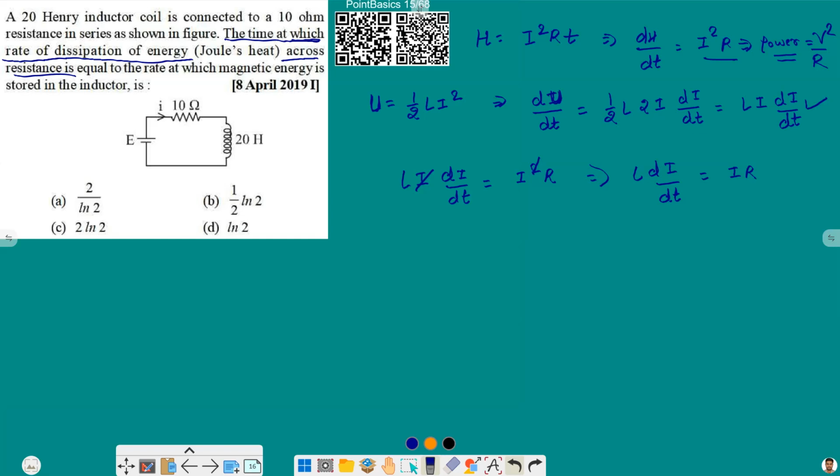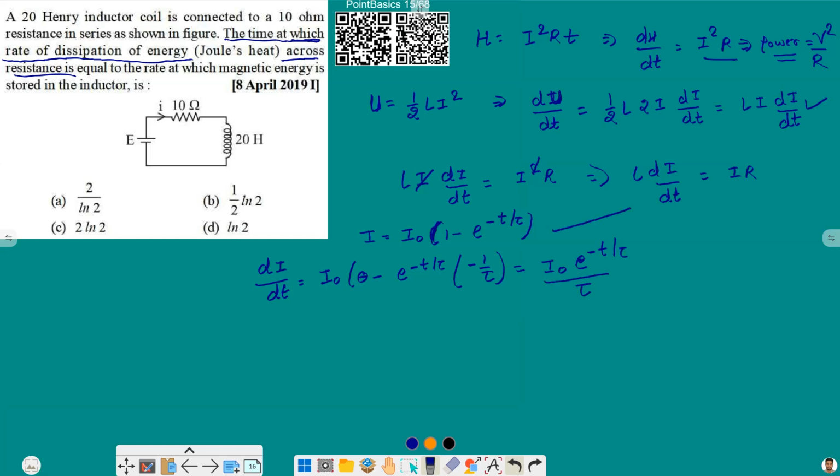We know that when current flows through the inductor, it follows the equation I = I0(1 - e^(-t/τ)), and from this we can calculate its derivative. So di/dt will be I0(0 - e^(-t/τ)) times (-1/τ), so that will be I0 e^(-t/τ) divided by τ.